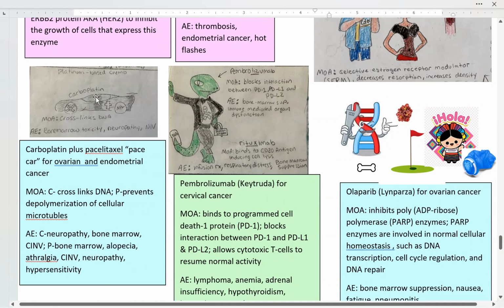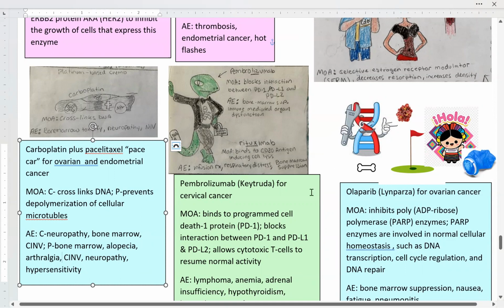I think there's a little tiny brain on the window, and then I just wrote nausea, vomiting, which is N/V. And then for paclitaxel, it's also bone marrow suppression, and then alopecia, arthralgia, nausea, neuropathy, and hypersensitivity. So they're both really similar.